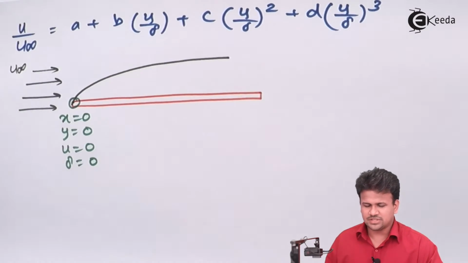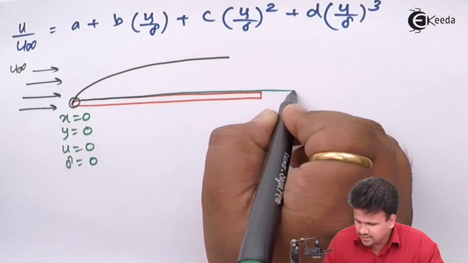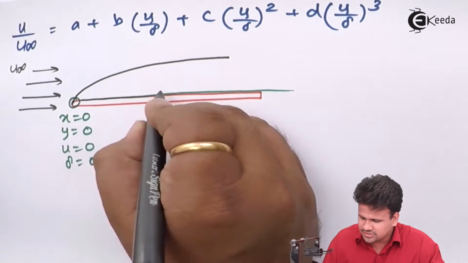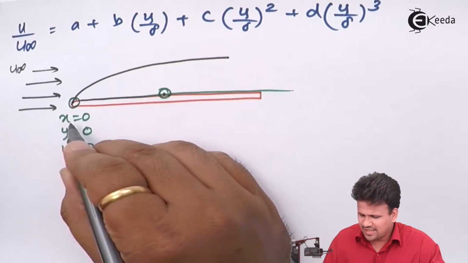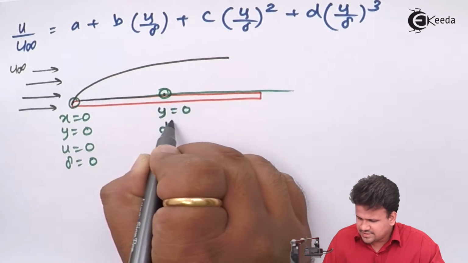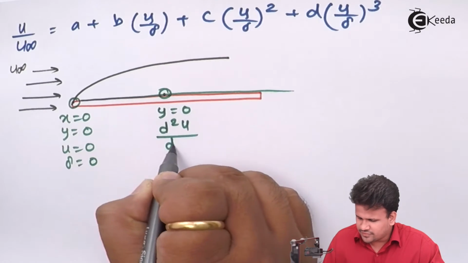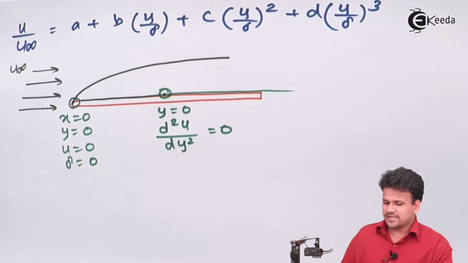So one boundary condition we have got. The second boundary condition is on any value of x-axis. So let us consider the point here at some value of x, y will be 0, then the second derivative of u will be 0. Now why is the second derivative of u 0?